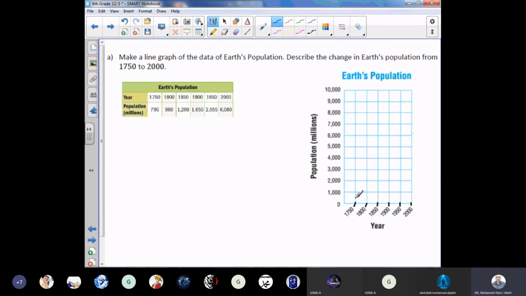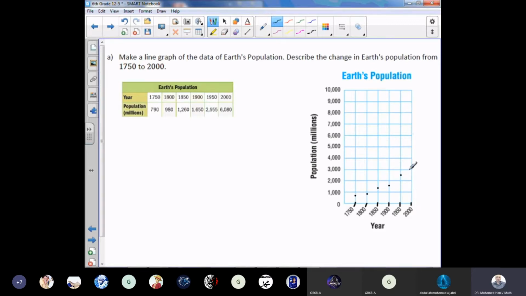1750, 790, we'll say about here. 1800 was 980, so a little bit closer. 1850 was 1260. 1900 was 1650. 1950 was 2555.